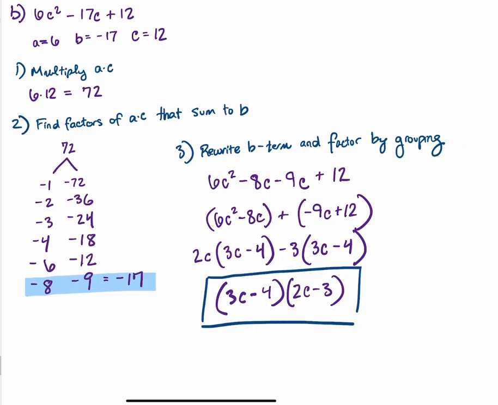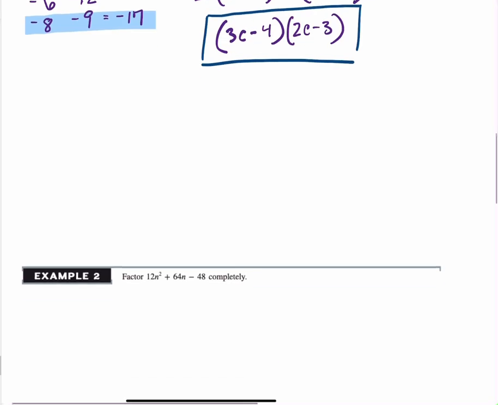All right, let's look at example C. This one is 7x squared minus 34xy minus 5y squared. So we have both x's and y's this time.